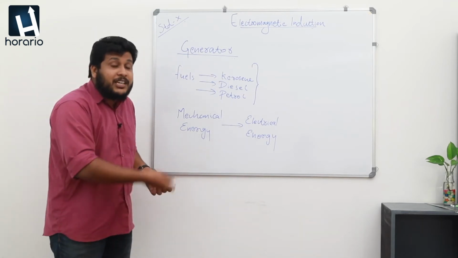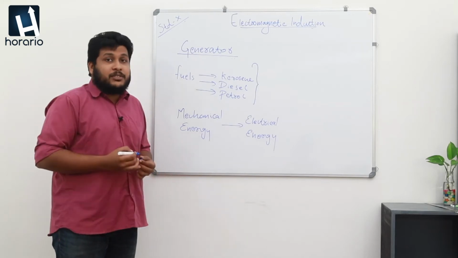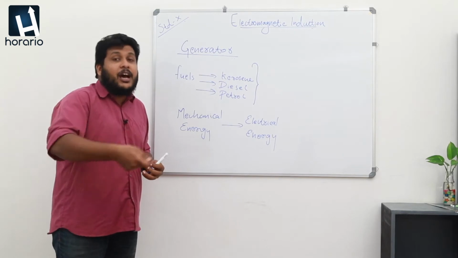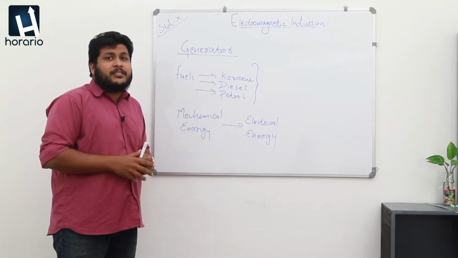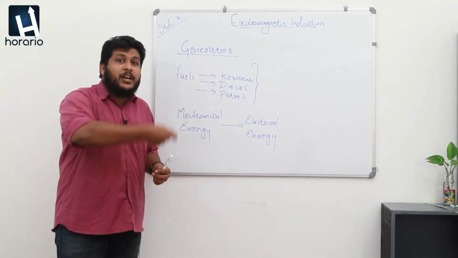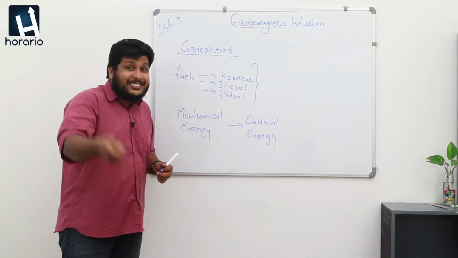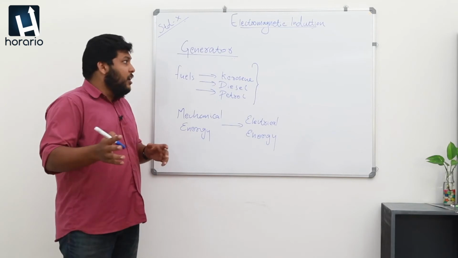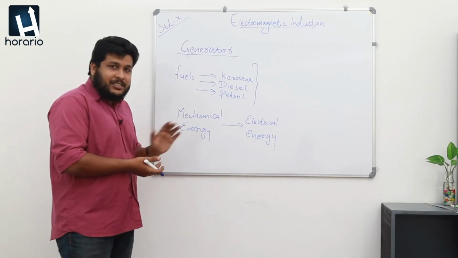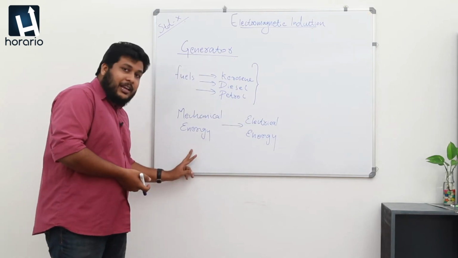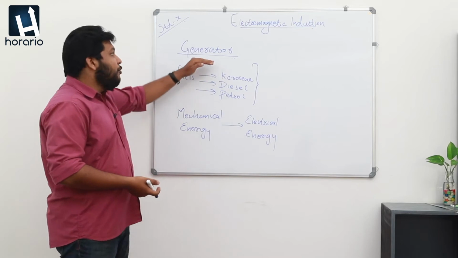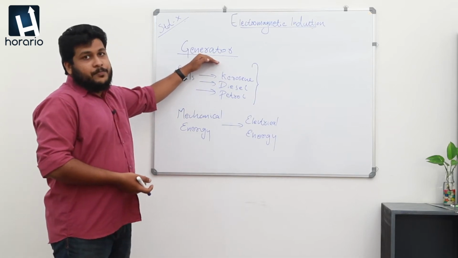In older times, there were generators which were started with the help of hand. Also, different types of tractors are started by hand, known as crank starting type equipment. We don't want to discuss all those things. Here we just want to say that with the help of mechanical energy, we can produce electrical energy, and the equipment is known as a generator.